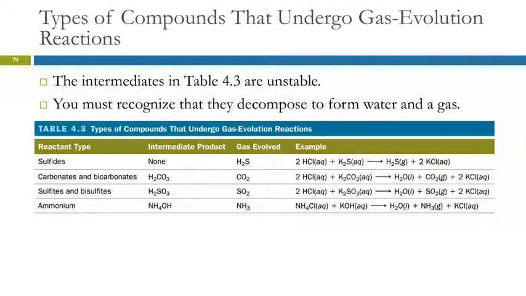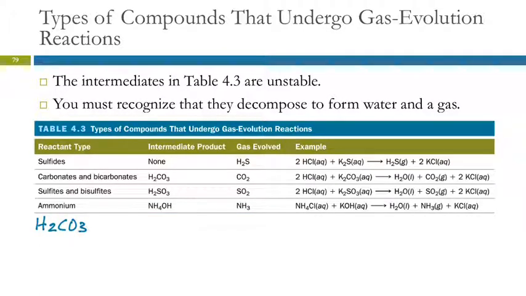If you swap the partners and you get H2S, remember that that's a gas and just write the state symbol G. If you swap the partners and you get carbonic acid or sulfurous acid or ammonium hydroxide, these are unstable. They will produce these gases, and it's actually a nice pattern. I'll show you how this pattern works.